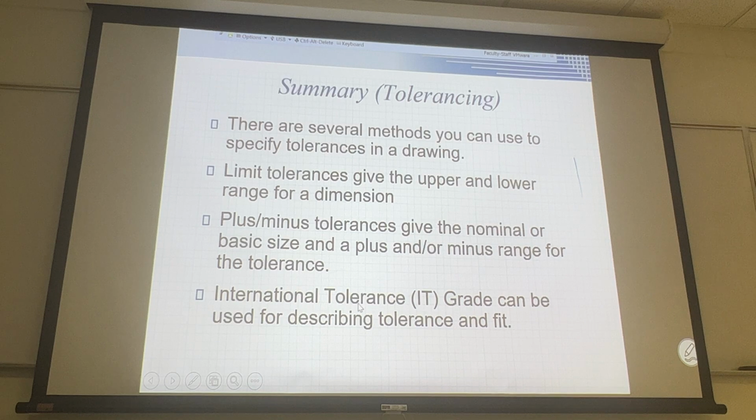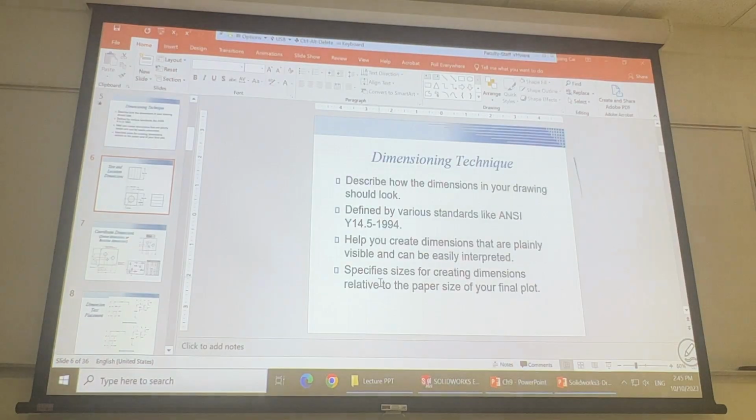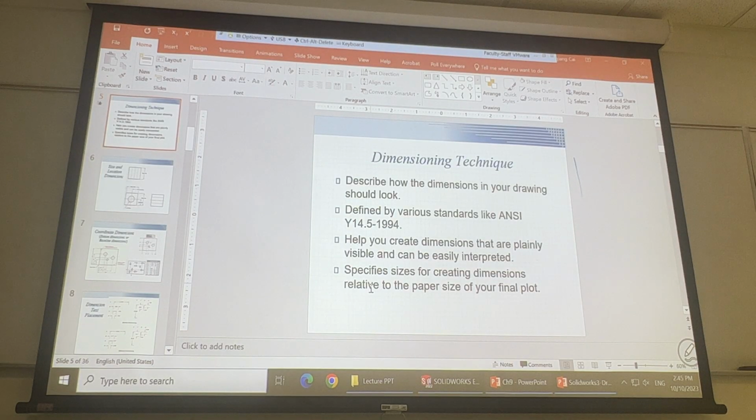And international tolerance grades can be used for describing tolerance. So tolerance is an important concept for the real manufacturing process, but we will not do tolerance here because we don't have enough time.